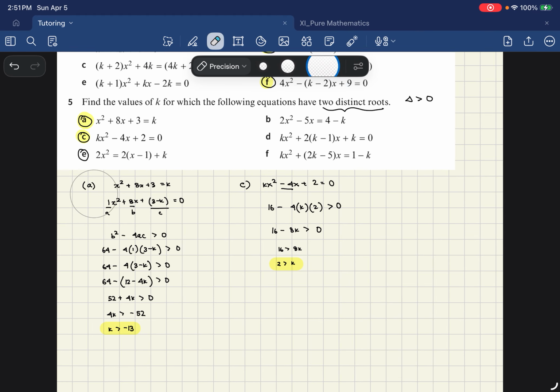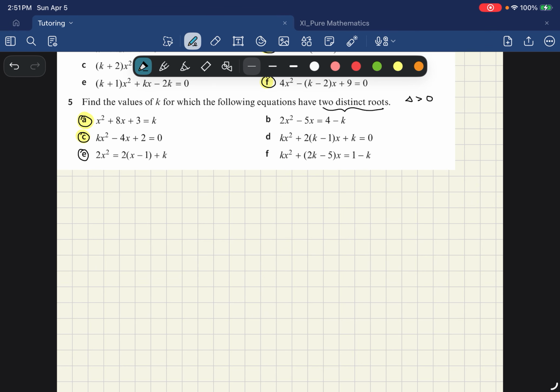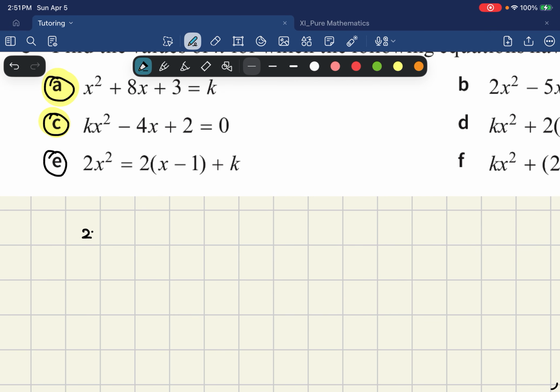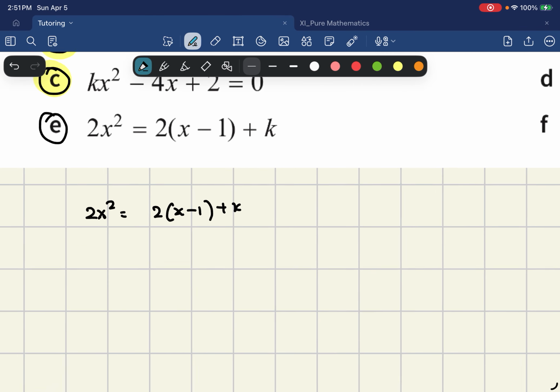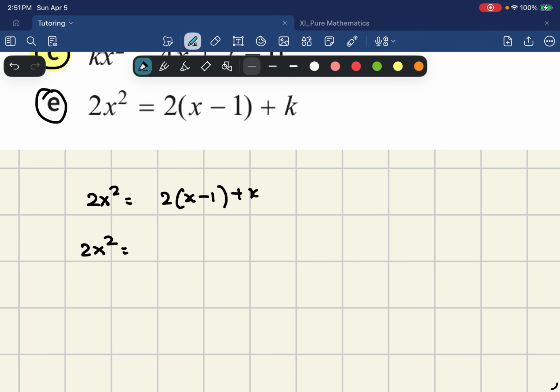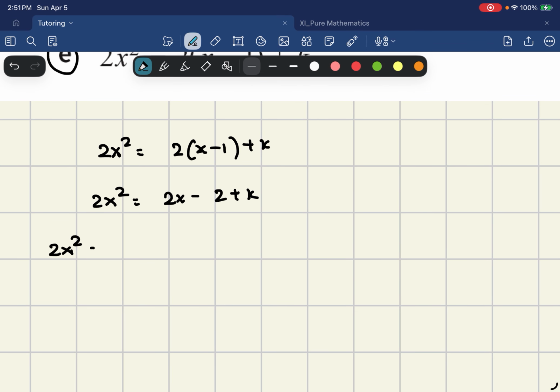All right. And for part E, I have 2x squared is equal to 2x minus 2 plus k. So 2x squared minus 2x plus 2 minus k. I bring everything to one side, I get this expression, right?